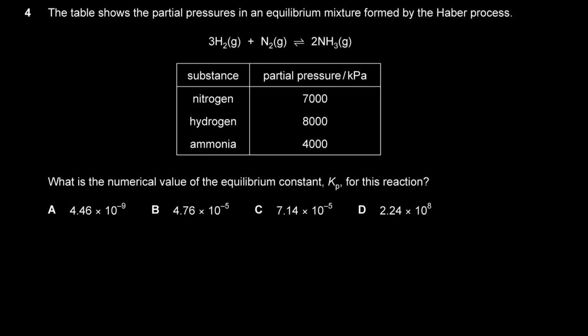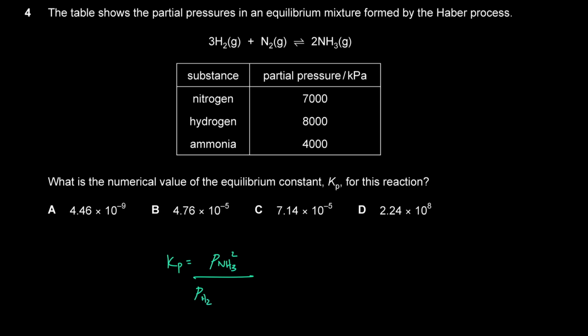The table shows the partial pressures in an equilibrium mixture formed by the Haber process. What is the numerical value of the equilibrium constant Kp for this reaction? Now for the Kp, we're just going to take the partial pressure of the products. In this case, that's ammonia, to the power of its stoichiometric coefficient, partial pressure of ammonia squared, right? And then we're going to divide that by the product of the partial pressures of the reactants.